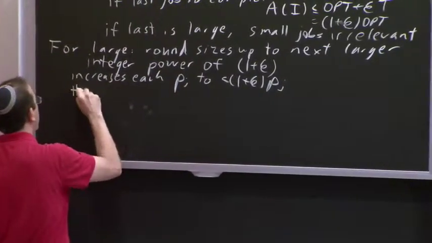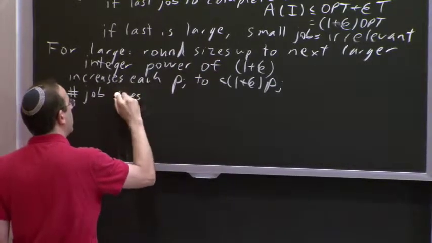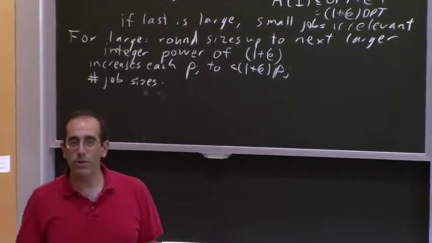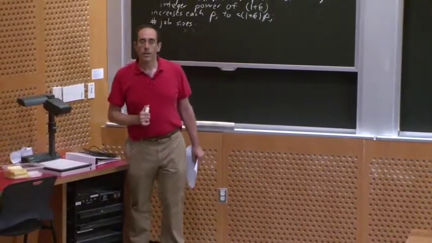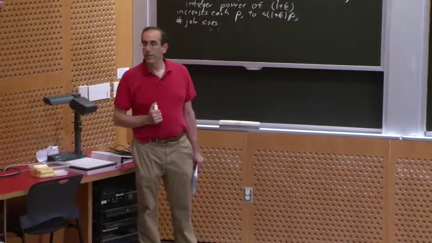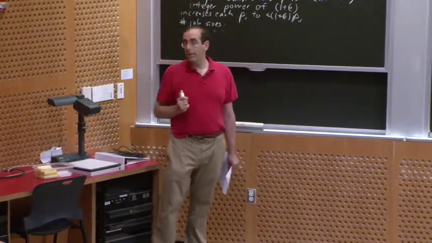Okay. Now, why is it good to round everything in this way? Well, now the number of job sizes, what are the possible job sizes after I do this sort of rounding? Will you have log t base 1 plus epsilon? It's even better than log t, right? Because the problem is that t could be a huge number.